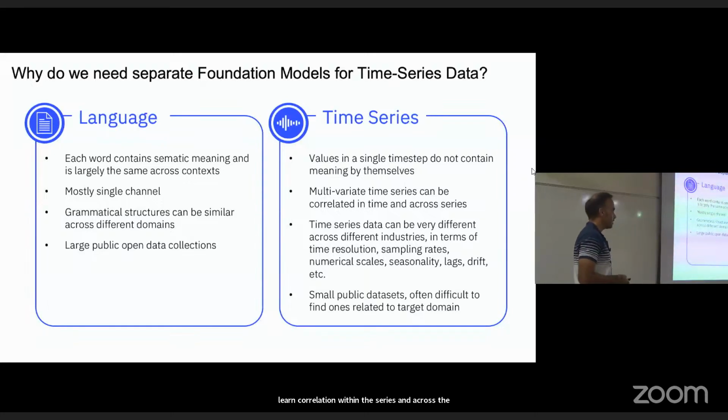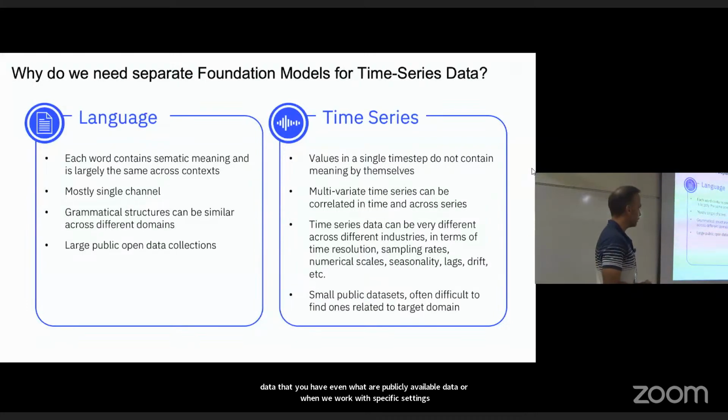And one other very big challenge here is that the data you have, even the publicly available data, or when we work with specific settings across different industries, are very different in terms of time resolution. Some data you may have at hourly resolution with different seasonality. Other data may be at minutely resolution or weekly resolution, right?